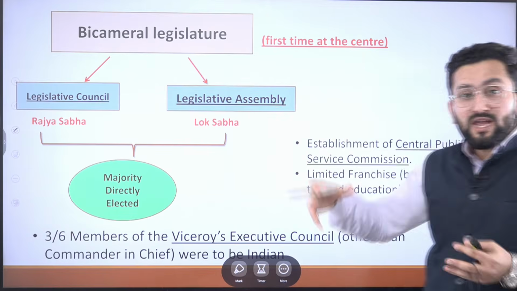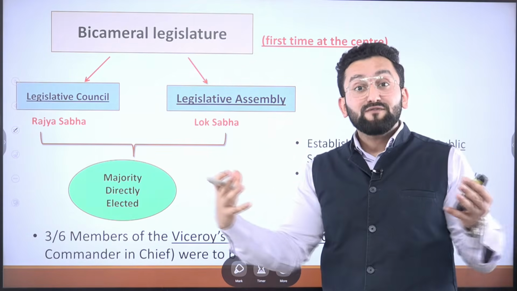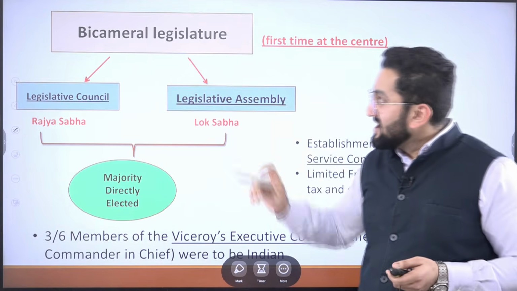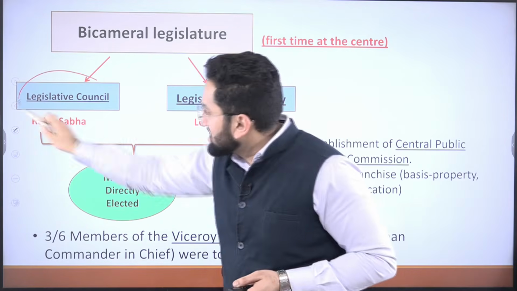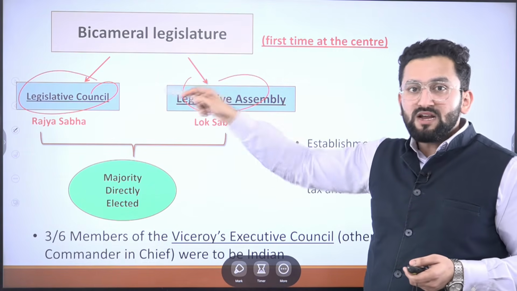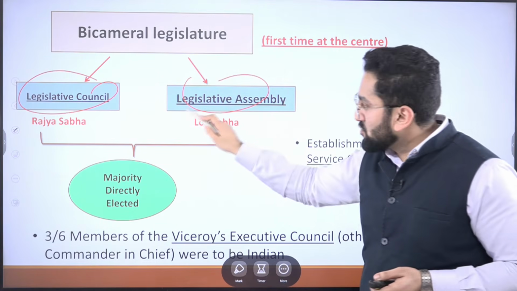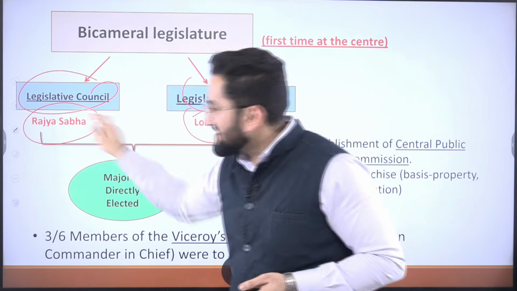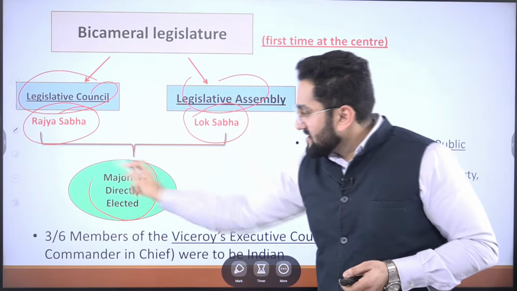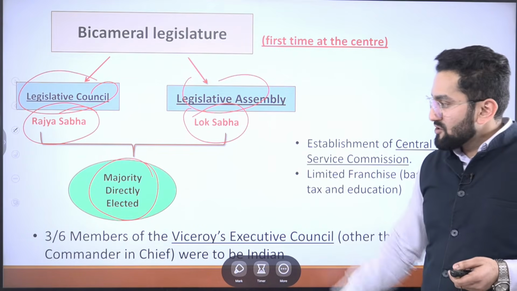Now we are talking about houses, like we have Lok Sabha and Rajya Sabha, two separate houses. So bicameral legislature: the legislative council and legislative assembly were the words used at that point of time. In the current scenario, you can equate them with Lok Sabha and Rajya Sabha. Okay. So majority directly elected, majority in both.